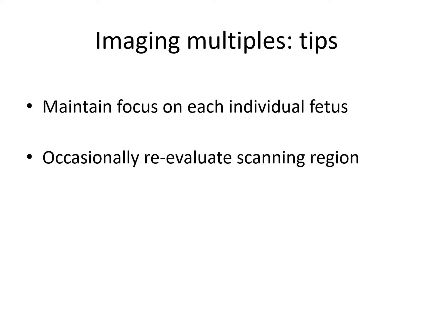Now, one of the most challenging things we face as sonographers in scanning multiples is losing track of which fetus you are on, and so you need to occasionally reevaluate your scanning region.